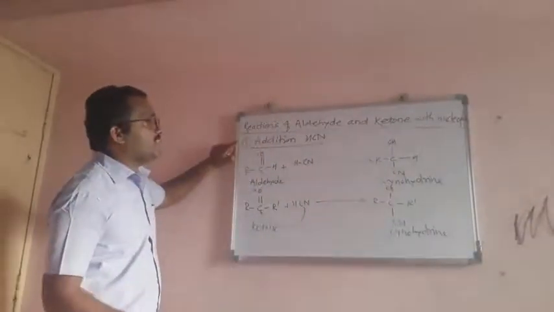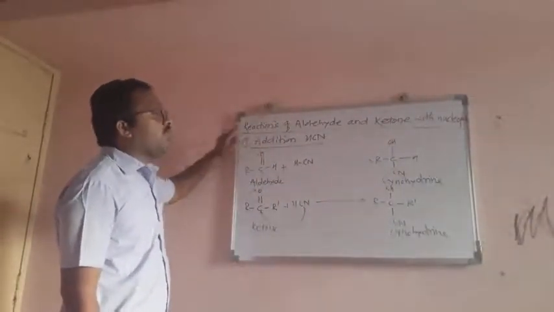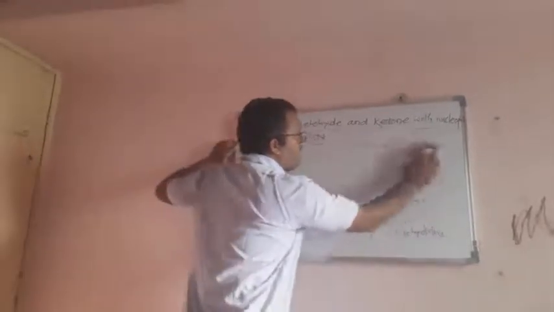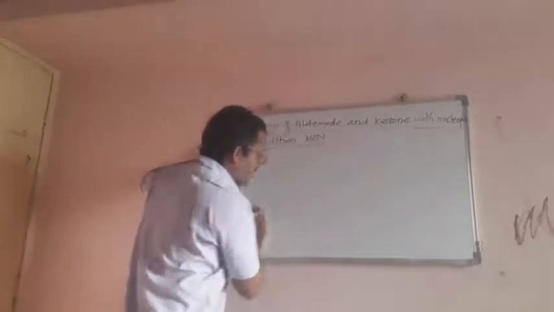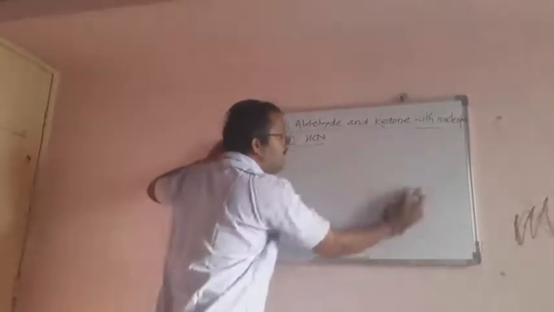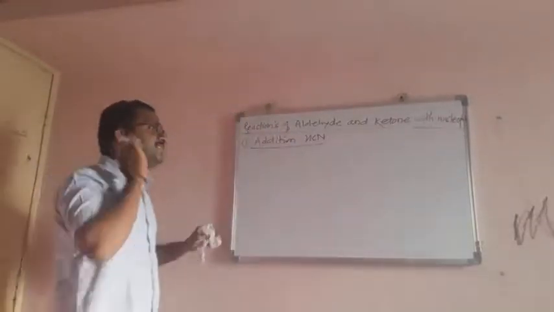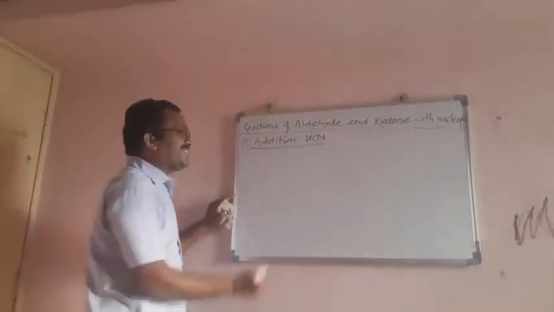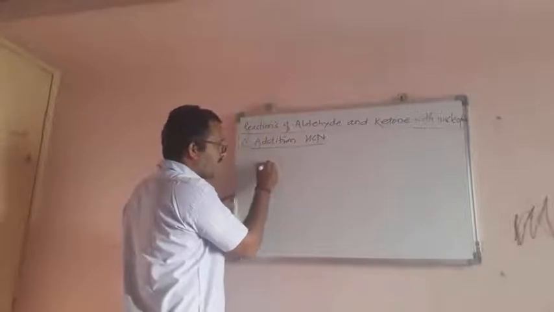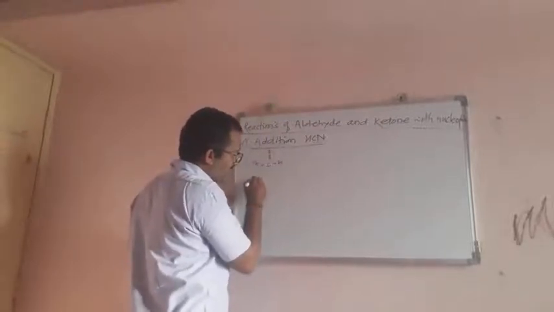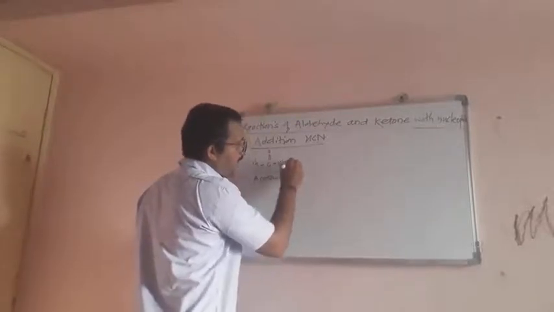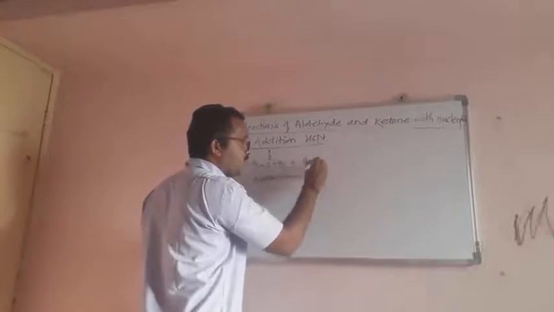Now we are going to discuss examples of the addition of hydrogen cyanide to aldehydes and ketones. This is the general reaction. Example: acetaldehyde is one of the aldehydes, represented by CH3 C double bond O H. This is acetaldehyde, reacted with hydrogen cyanide.